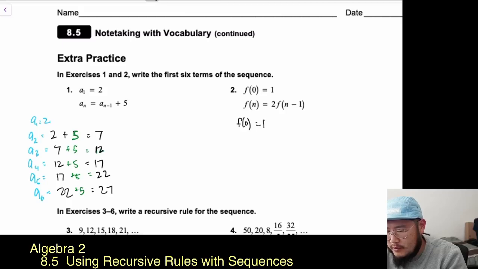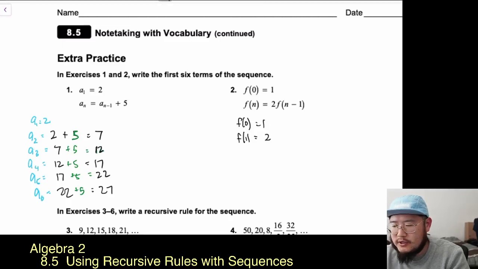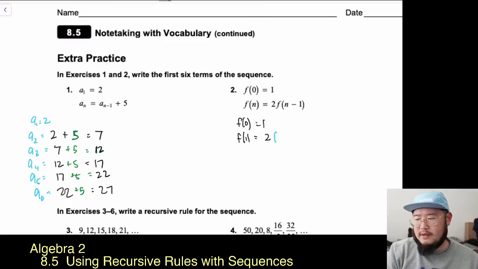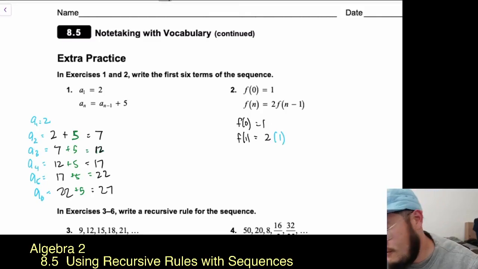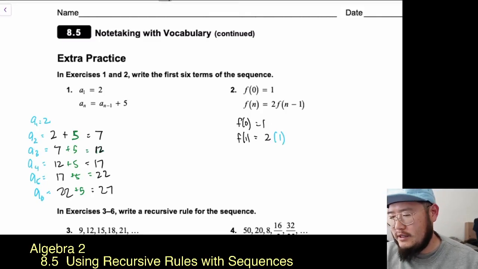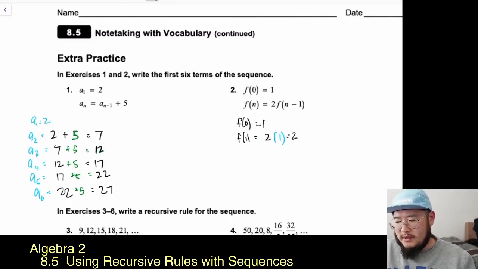If we take 1, what's going on is this: we are going to take 2 and the function of n minus 1, the previous term, which happens to be 1. From there, we'll get our answer, and our number is going to be 2. So let's repeat this. We've got f2.